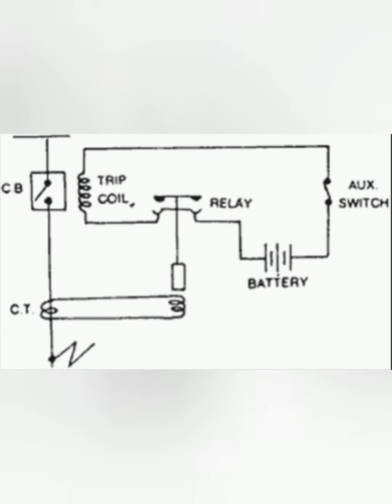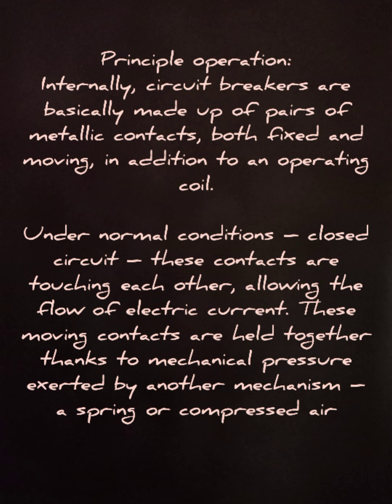The basic principle of operation is that internally, circuit breakers are basically made up of pairs of metallic contacts. Both fixed and movable contacts are used, in addition to an operating coil. Under a normal, closed-circuit condition, these contacts are touching each other and allow the flow of current.